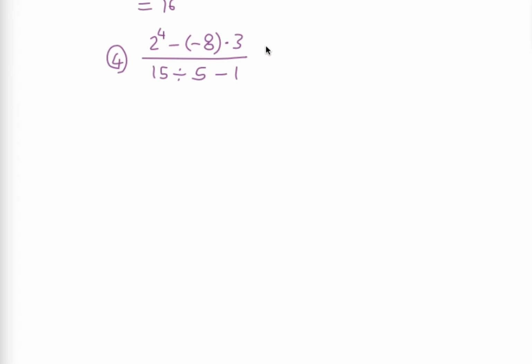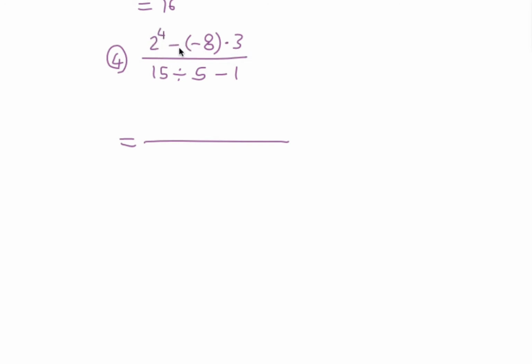If we have a fraction, the entire numerator and the entire denominator must be evaluated before we reduce the fraction. In this case, we can simplify both numerator and denominator at the same time. So here in this expression, what should we do first?